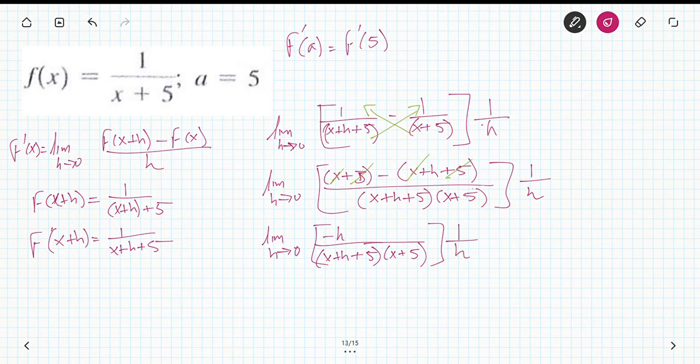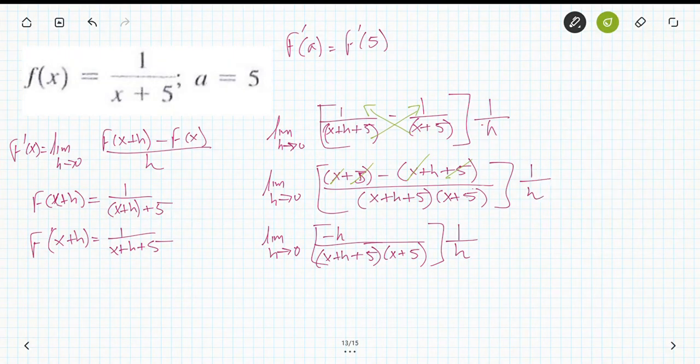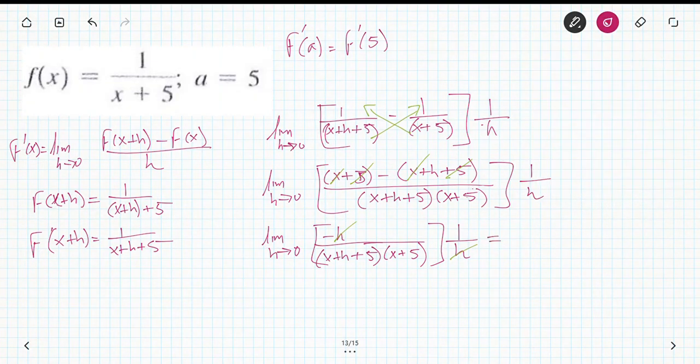You can see that this h goes away because it's both at the numerator and the denominator. And so you're going to be left with the limit as h approaches 0 of negative 1 over x plus h plus 5, x plus 5.